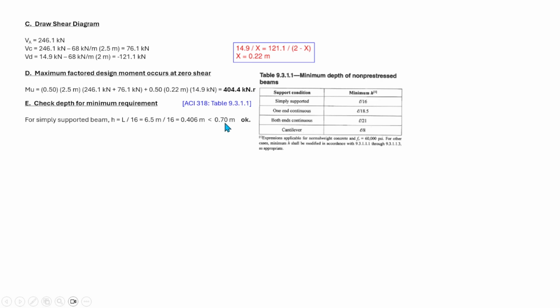So we are greater than the minimum requirement, so we comply. Our depth is okay. Beam self-weight is already accounted for in the dead load calculation, so we don't have anything to worry about regarding the dead load or the self-weight of the beam.